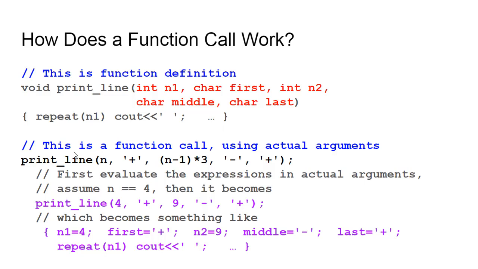Now when we call the function, we write the function call. By the way, the function should be defined before we call it. So we should put the print line function before the main function. In this function call, the things used here are called actual arguments.